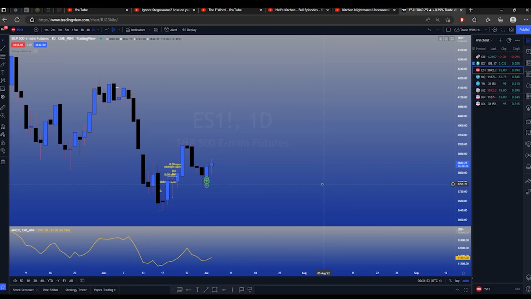I got something new that I'm gonna show you guys that I learned from ICT himself. It's something I'll use in my day-to-day trading, or going forward, that's gonna help me become a better trader. It's called SMT Divergence.